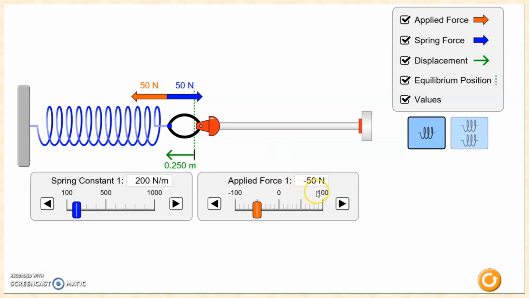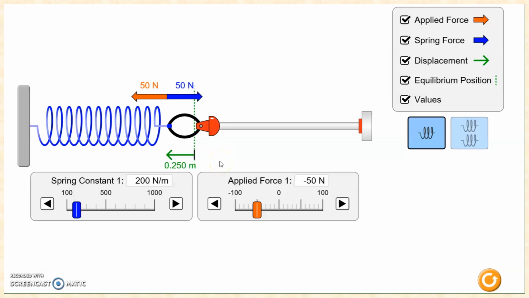Once again, you'll notice here that if the applied force is to the left, so the displacement of the spring is to the left, the restoring force, that is the force the spring exerts back on the piston, is opposite the displacement. It is to the right. This is one of the things that is characteristic of restoring forces. The restoring force is always opposite in direction to the displacement of the object.